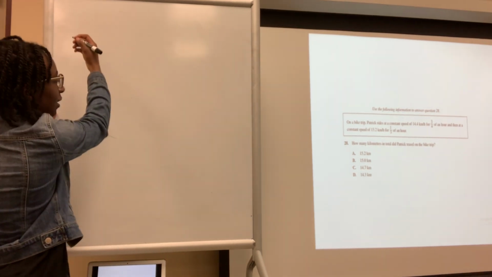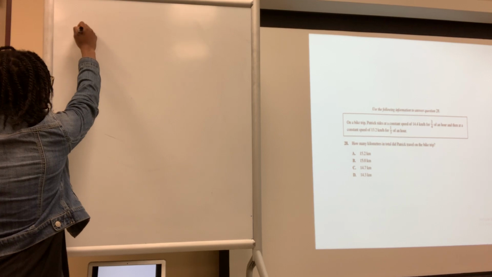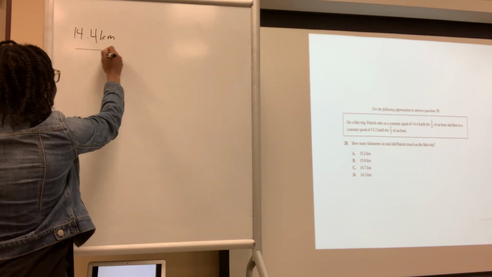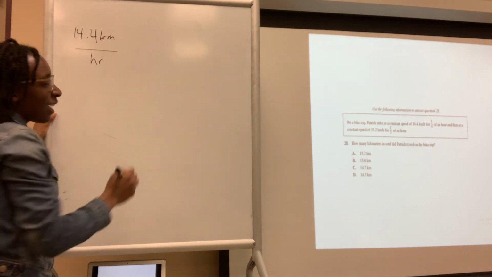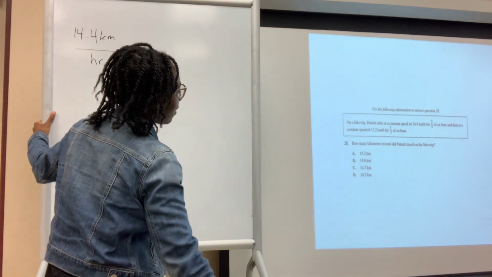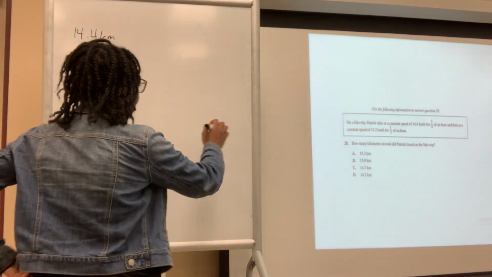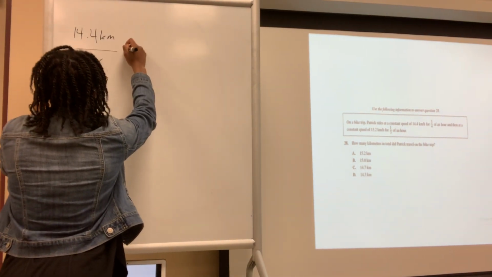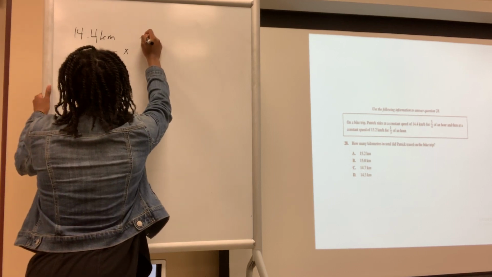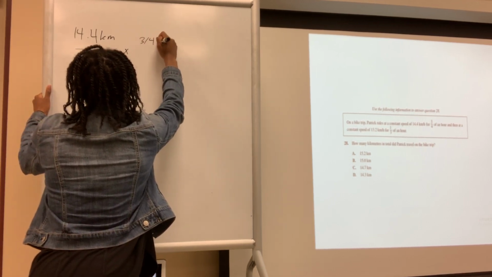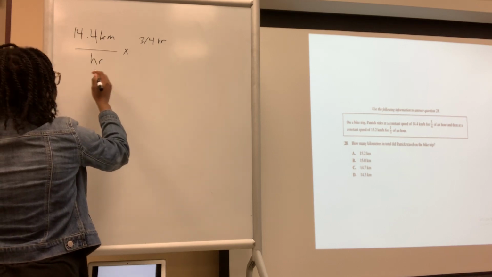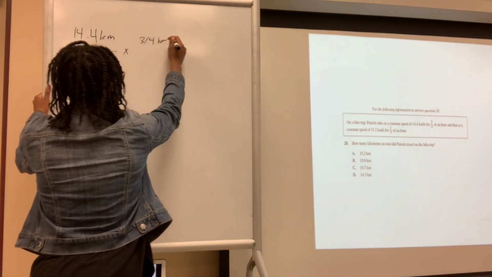Math teacher did, so the exercise here is at 14.4 kilometers per hour. This is a little bit advanced, but I feel like you guys should be able to understand. For 3/4 of an hour, so if you multiply this by the number of hours that he does, 3/4 of an hour, you can see, I guess this is an easy way to make sure that you're doing it correct, is that the hours cancel out.